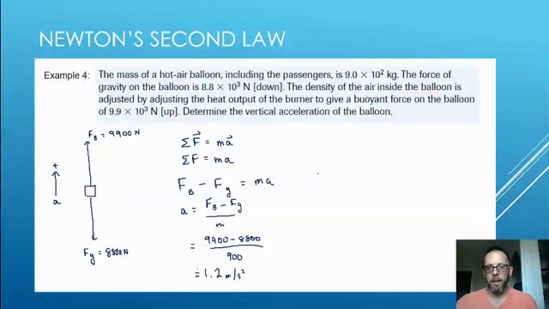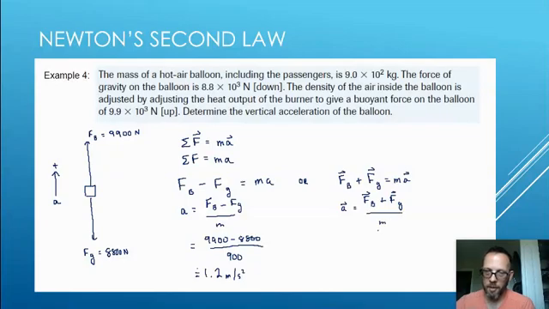All right, now, if I may, let me offer you a second way of setting this up. For some of you, maybe this is the way you've done it before. You might write FB and keep all the vector signs plus Fg equals mass times acceleration, and you might just keep all your vector signs, divided by the mass. And then maybe you plug in, but maybe you keep the directions.